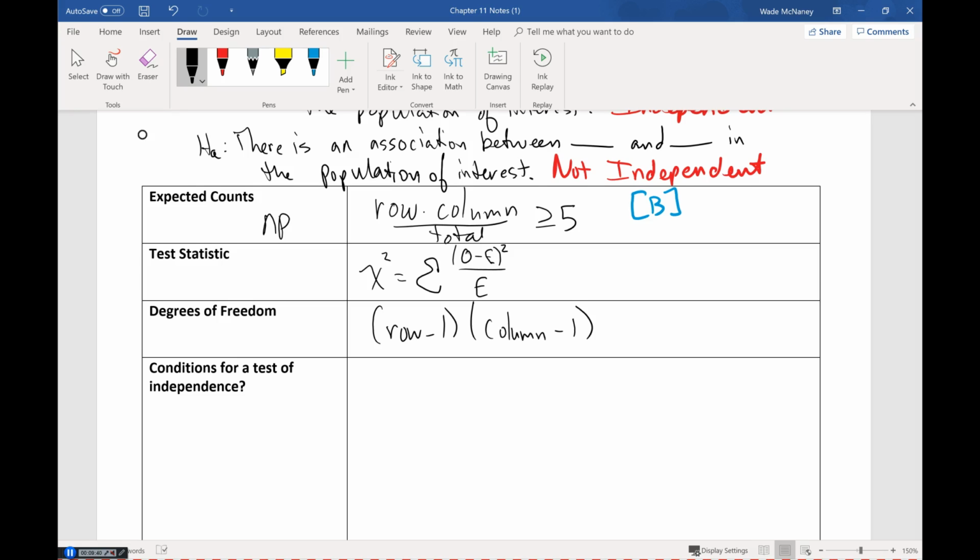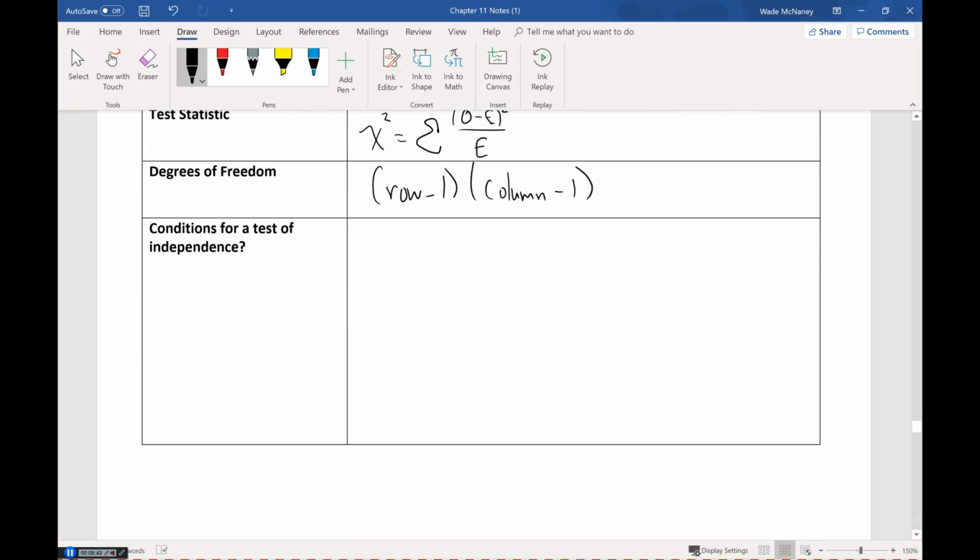And finally, the conditions for a test of independence. They are the same, except one small thing. What's the one small difference for the conditions for independence versus homogeneity? It's the main difference between the two, but in the conditions part, it's one small difference. What'd you say? One population.